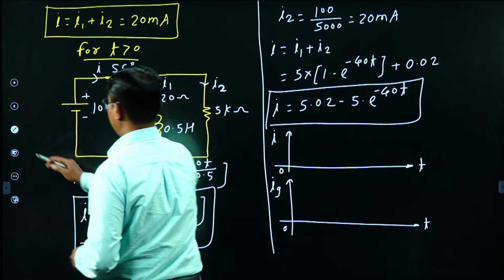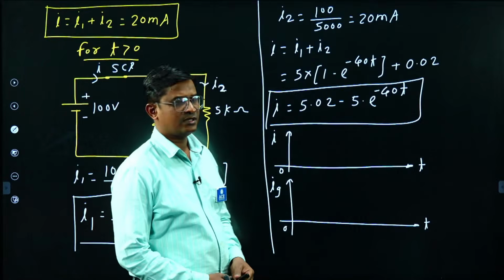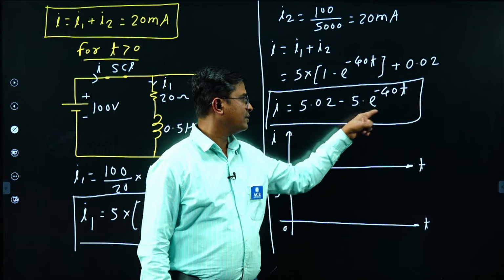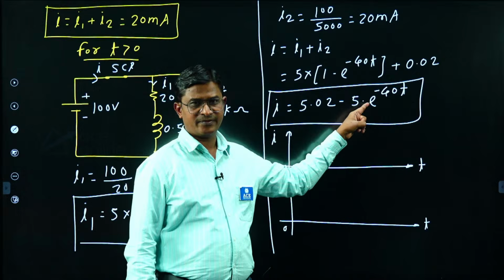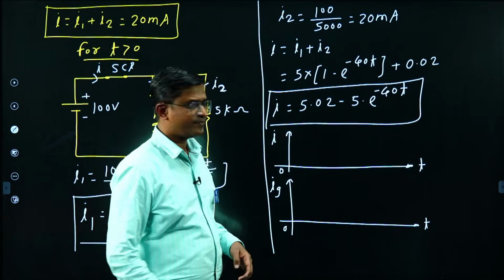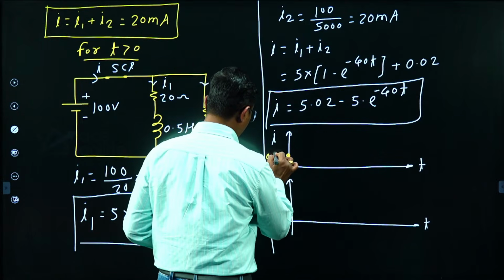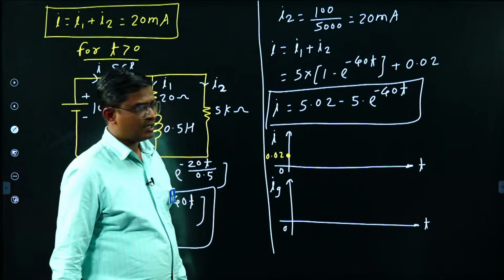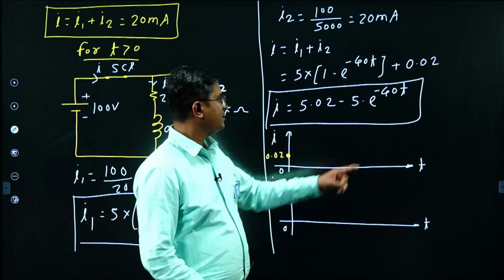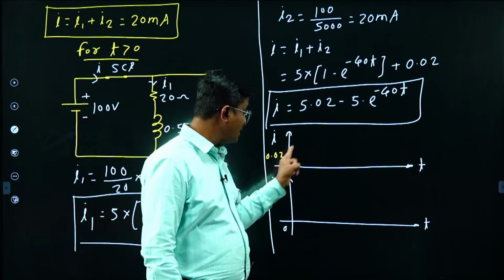Yes, check here, put t equal to 0, e to the power 0 will be 1, so 5.02 minus 5 means the current at t equal to 0 will be 20 milliampere, that is 0.02, right? After that, as time increases, this term will decrease, so this difference will increase, and the current will increase.